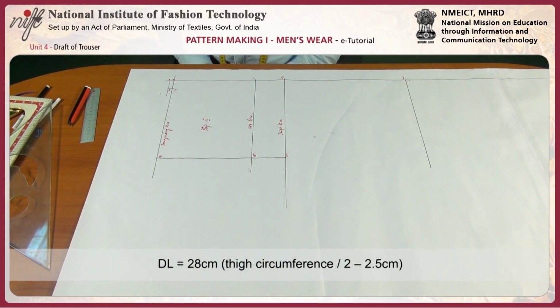TL 28 centimeter, thigh circumference divided by 2 minus 2.5 centimeter.